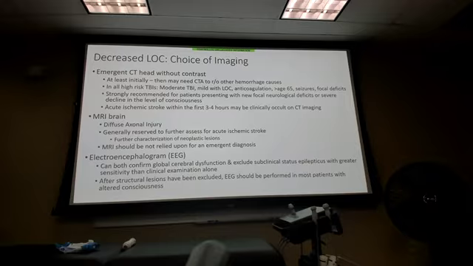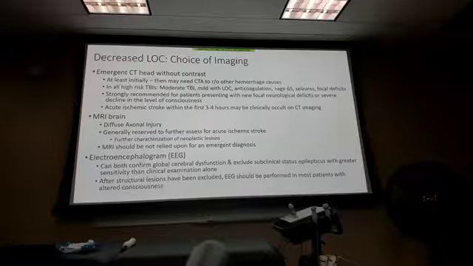But MRI should not be relied upon for emergent diagnosis. Okay, even right now at Fancy, they have one MRI. So if you think you need an MRI, you're probably not going to get it. Okay, a lot of hospitals do not have emergent MRIs.